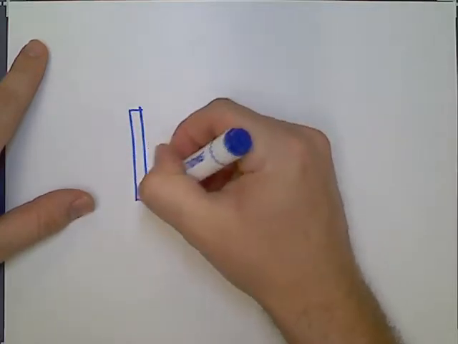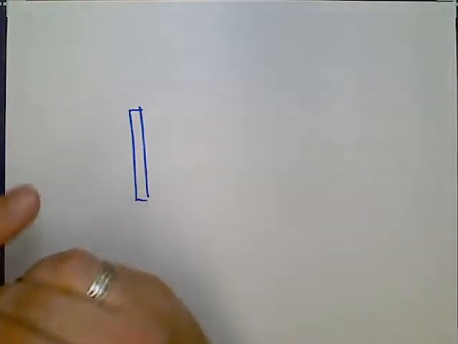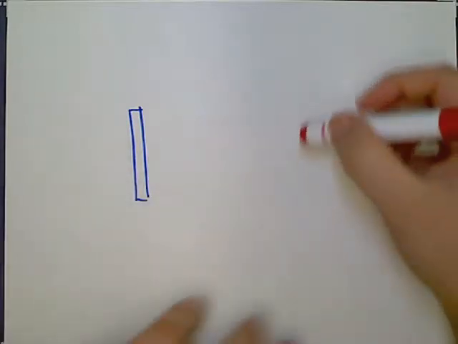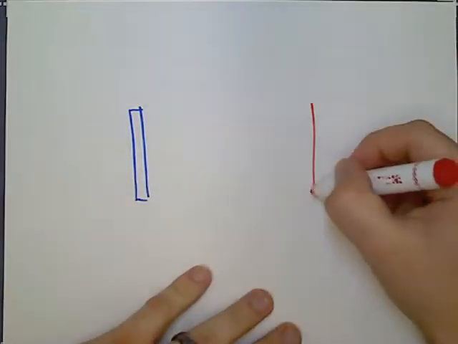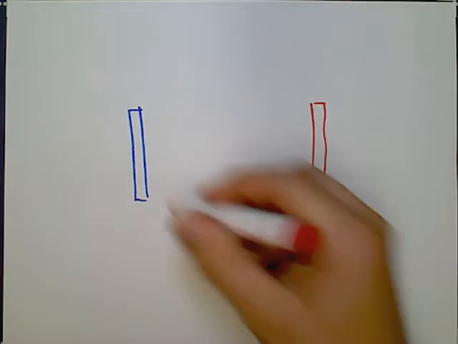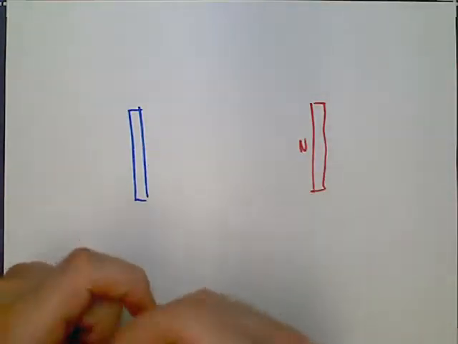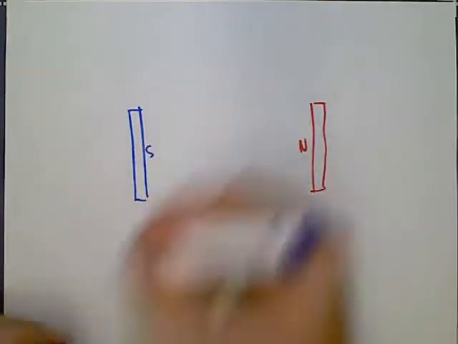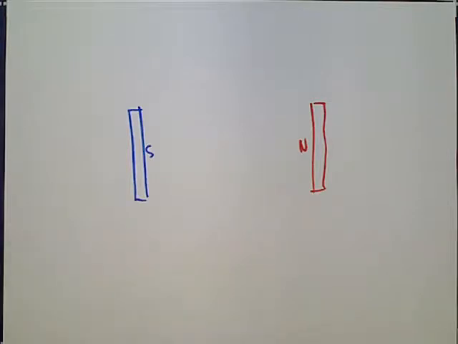So if we draw back in our situation from the end of the previous video, which was looking at magnetic field lines between, I'll call that one north, this one south, between these two magnets.